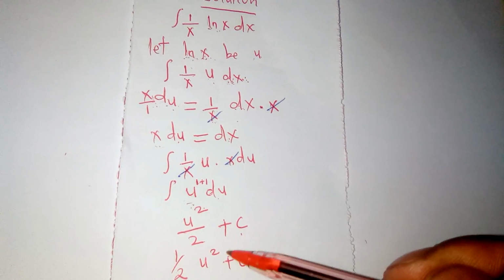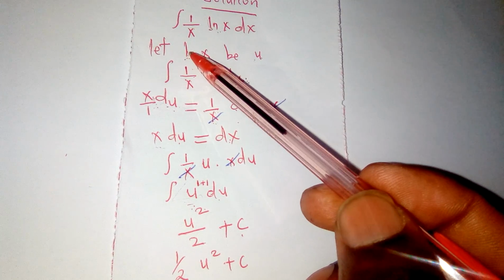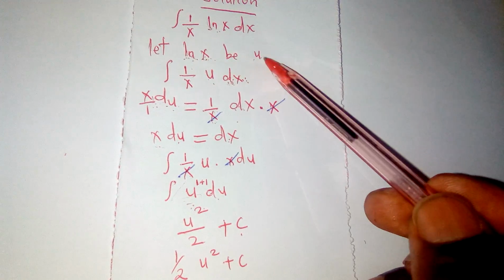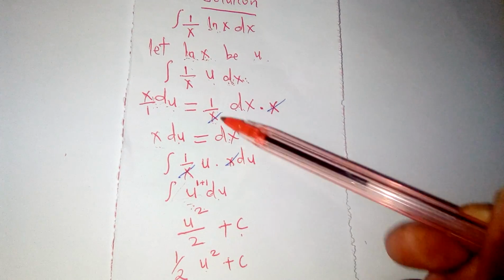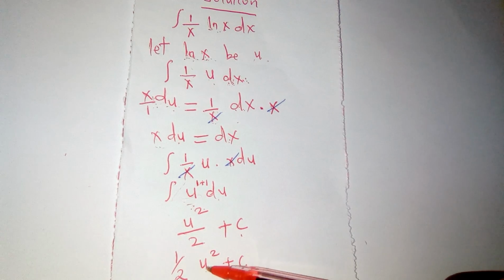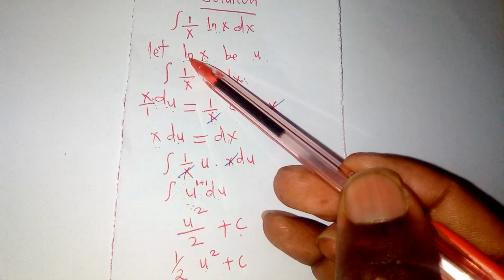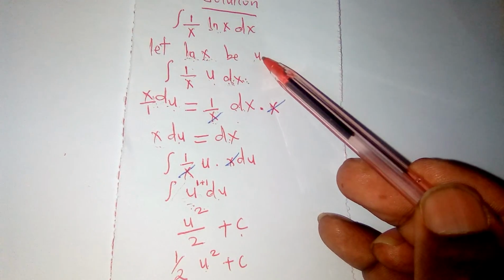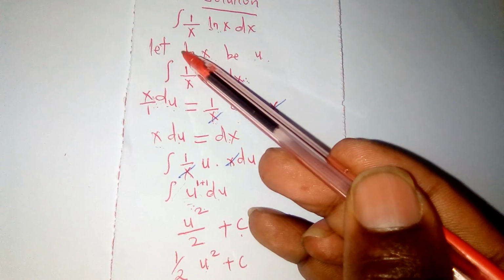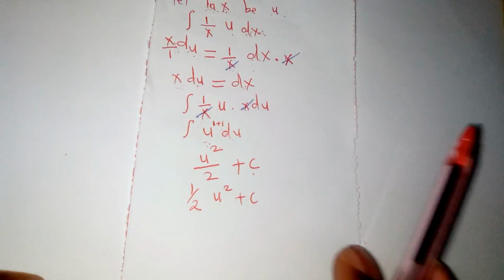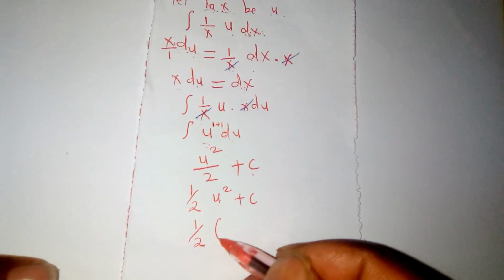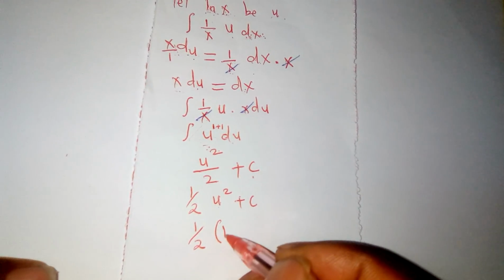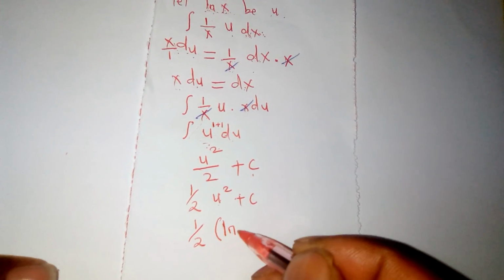Now up here, remember that we said let ln x be u, and therefore where we reach, you are required to substitute u with ln x. That is it. So where u is here, I just write ln x, and therefore I'll finalize by having a half into ln x.